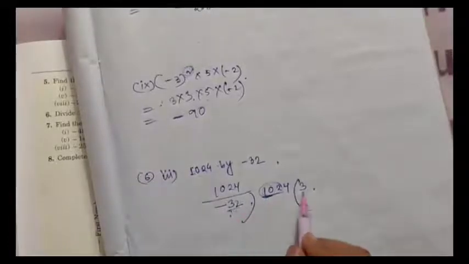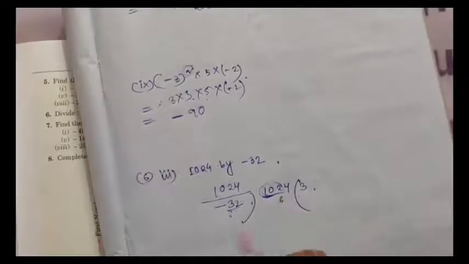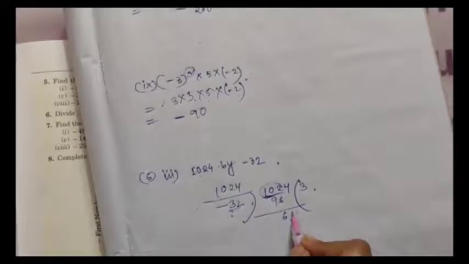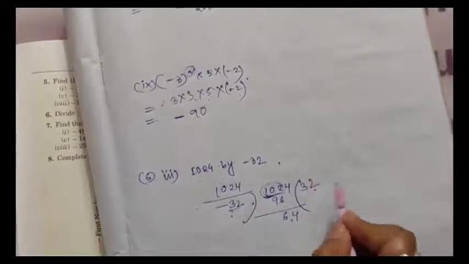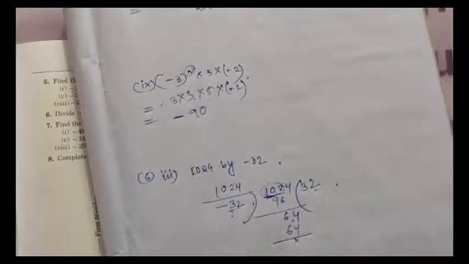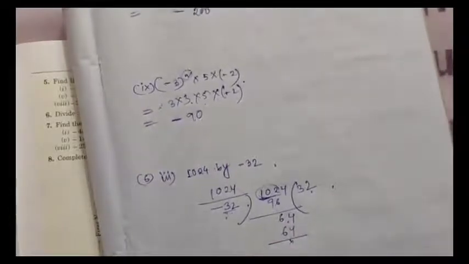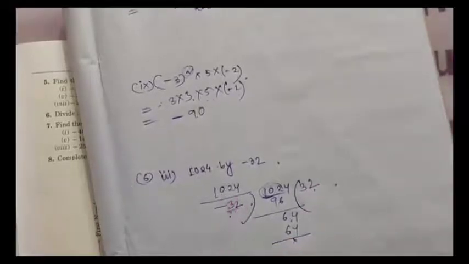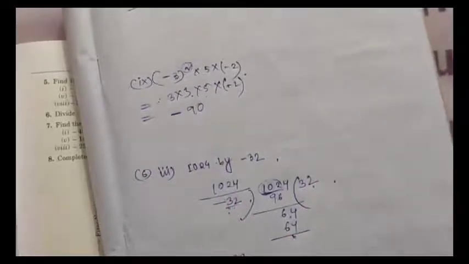So 32 goes 3 times. 3 2s are 6, 3 3s are 9, 96, then 32 2s are 64. So the answer will be minus 32 because these two integers are of opposite sign.